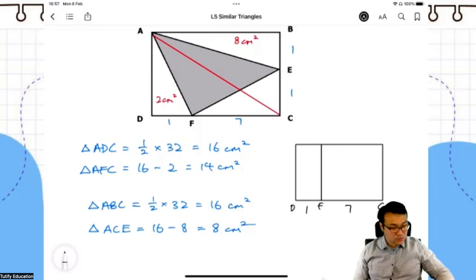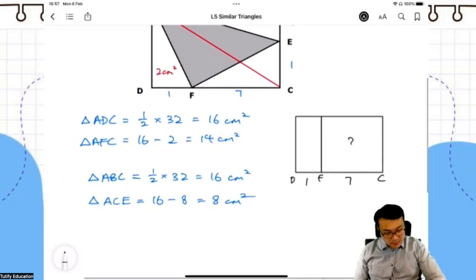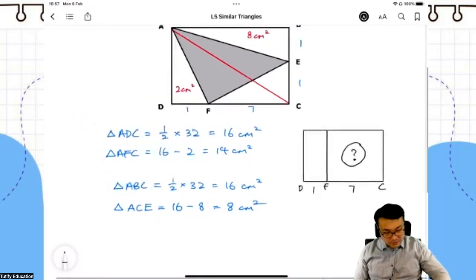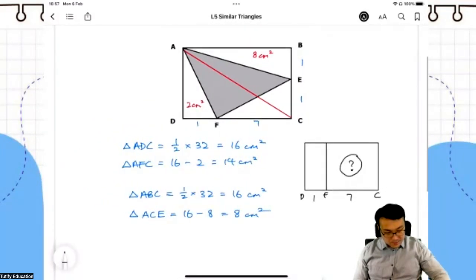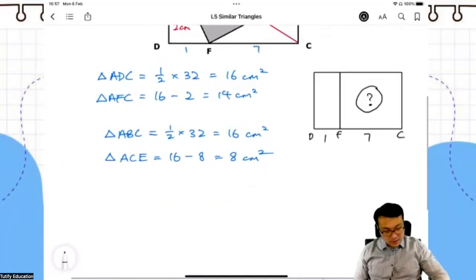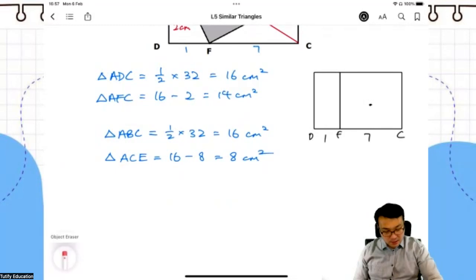The ratio 1:7, yeah? Can you help me to find the area of this rectangle over here? Let's call this rectangle.